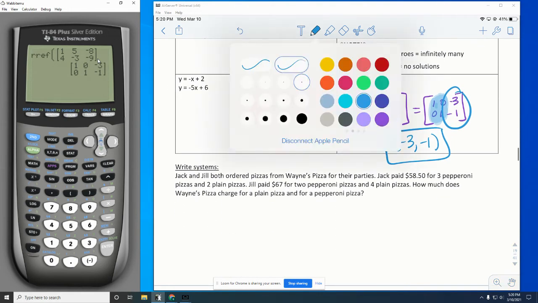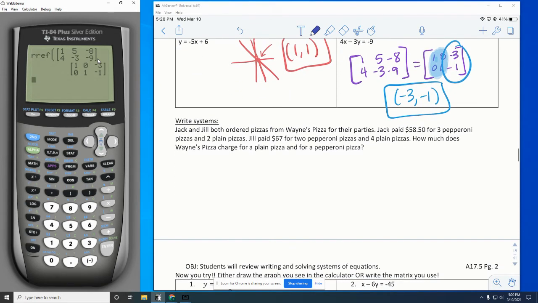And then a quick reminder about how to write systems. Jack and Jill both ordered pizzas from Wayne's Pizza for their parties. Jack paid $58.50 for 3 pepperoni and 2 plain. Jill paid $67 for 2 pepperoni pizzas and 4 plain. How much does Wayne's Pizza charge for a plain and a pepperoni?